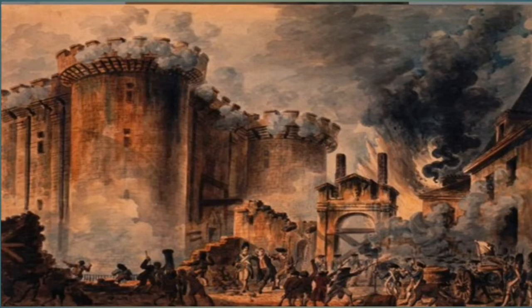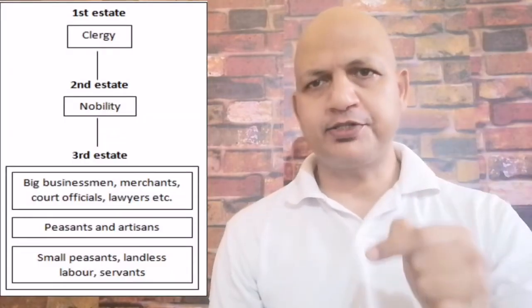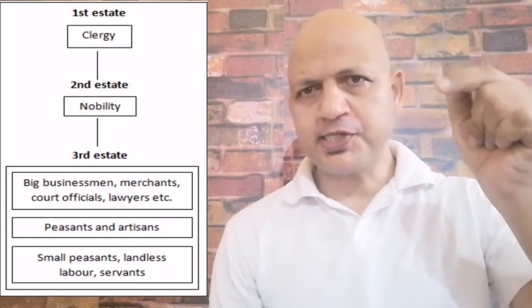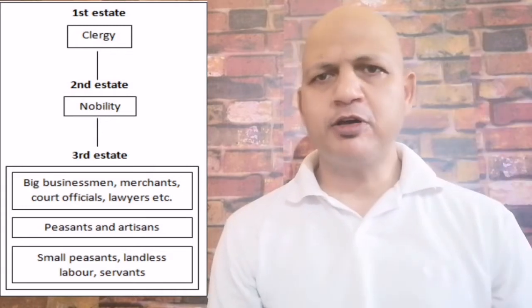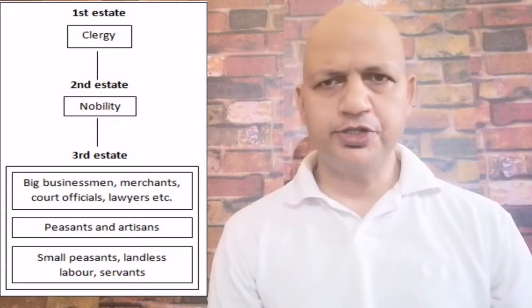Let us first recall the French Revolution, which took place in the year 1789. Before this revolution, the society in France was divided into three estates. The first estate consisted of the members of the church known as clergy.